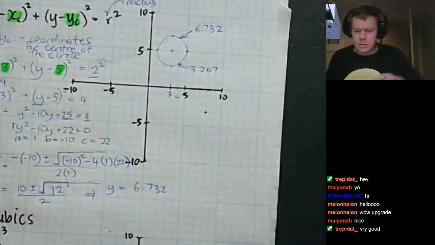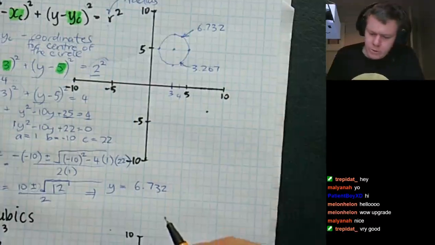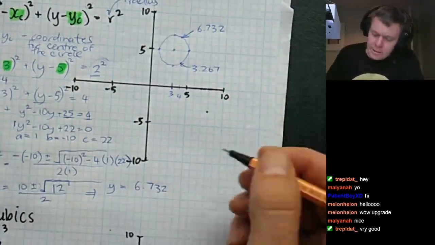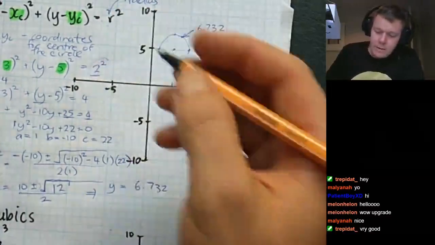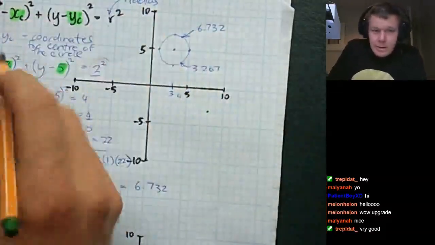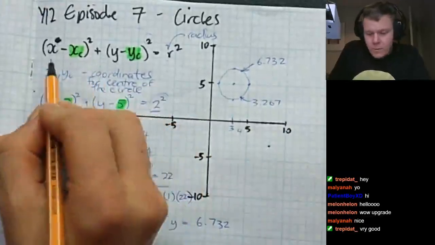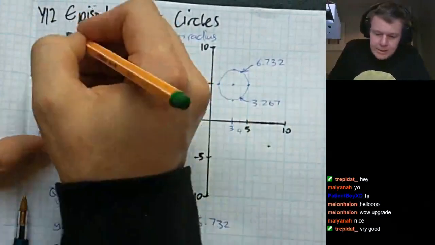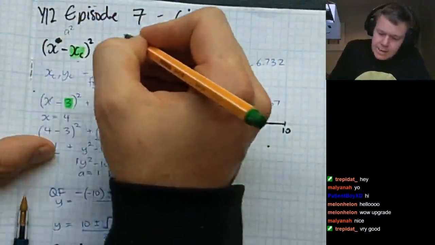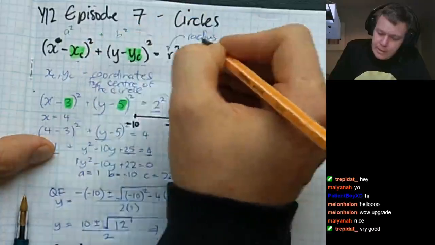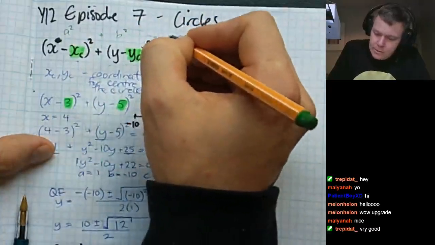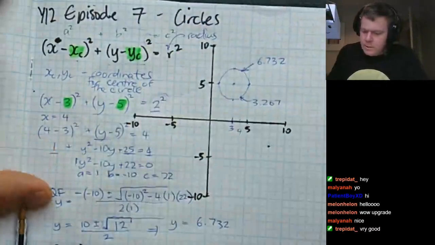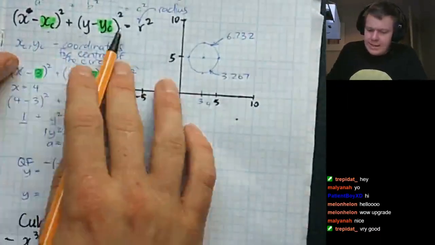I might just draw one more circle on here. So a good simple thing to think about is this formula is basically Pythagoras. So this is a squared plus b squared equals c squared, but instead it's with x's and y's.